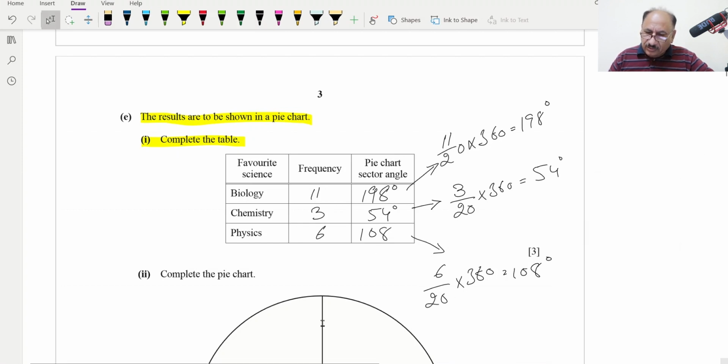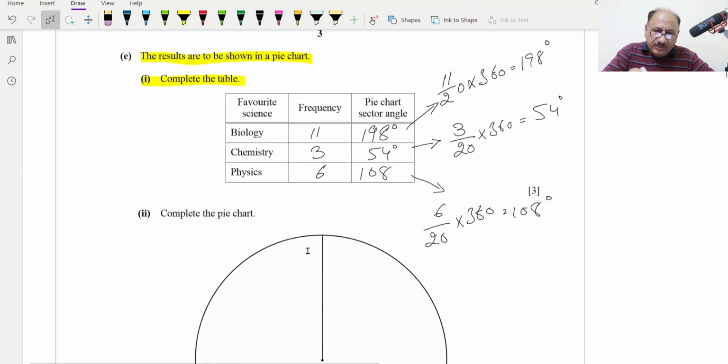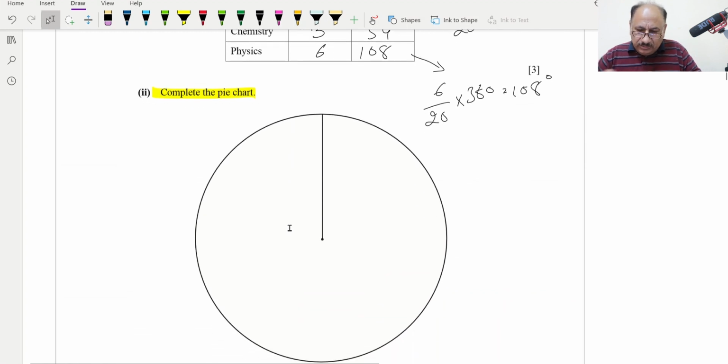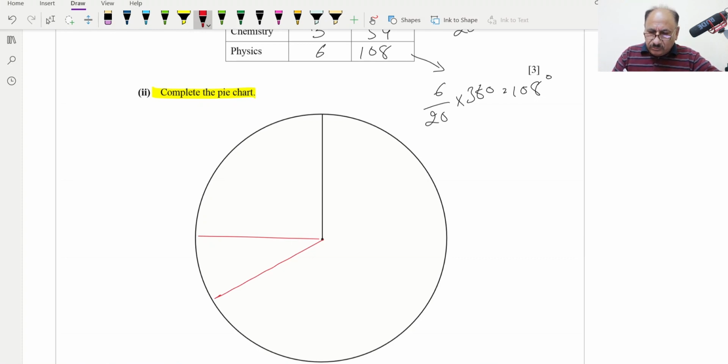Because this is adding up to 360, now they're saying complete the pie chart, so we have to complete the pie chart. 108 is physics, so we can take it like this. For example, this is a 90-degree angle, but we need 108. So roughly, because I'm having this soft copy image, I have taken it as 108.